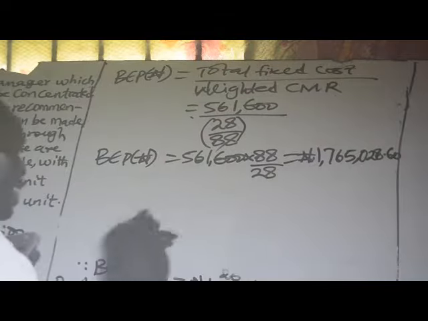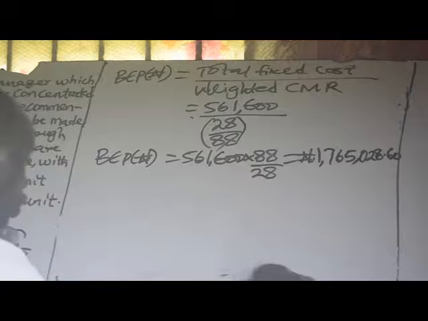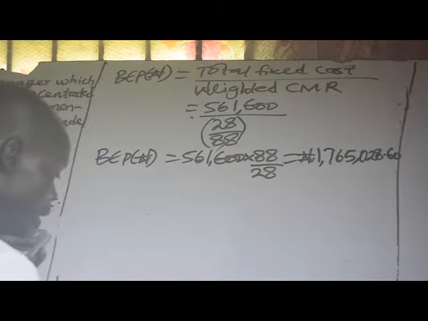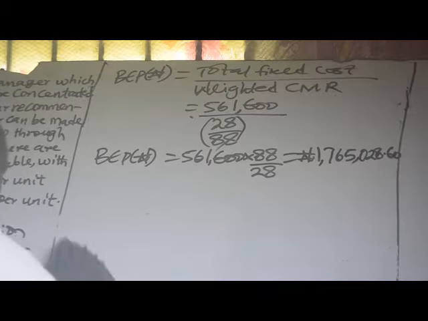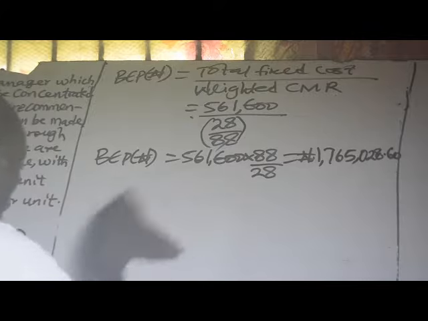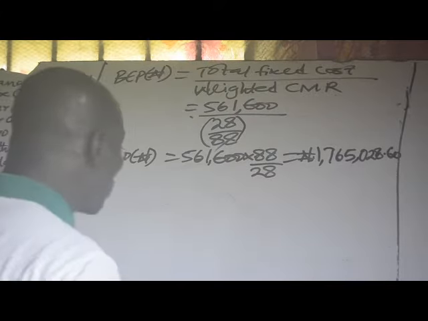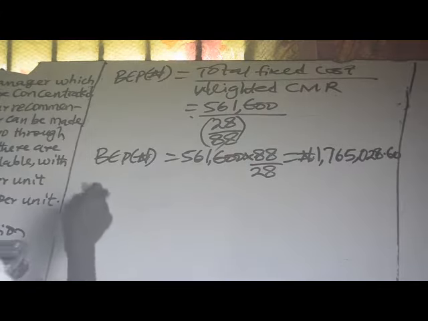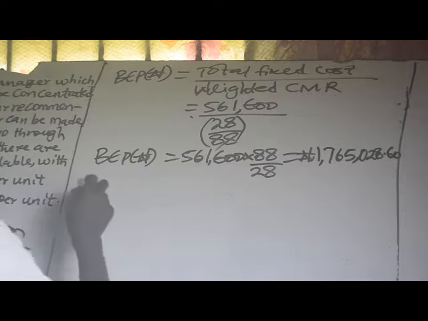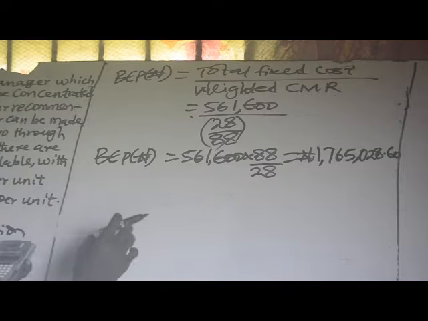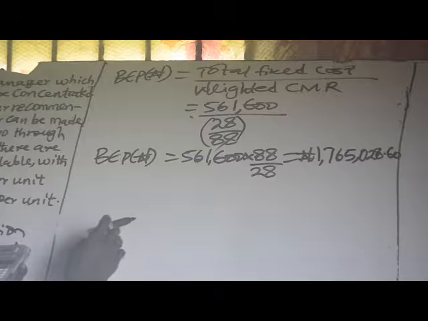After this, the next thing is to compute the break-even point for each of the products. To compute the break-even point in Naira for each of the products, you apportion it based on the weighted sales.